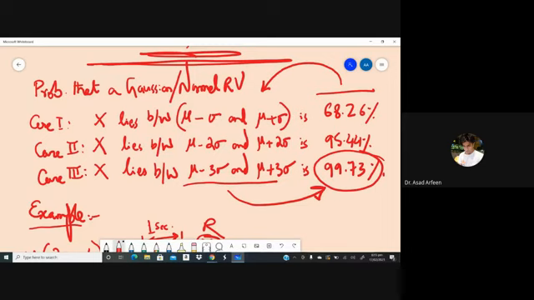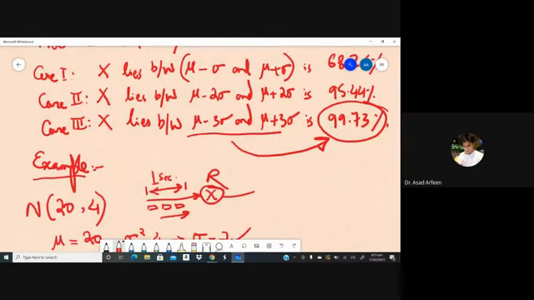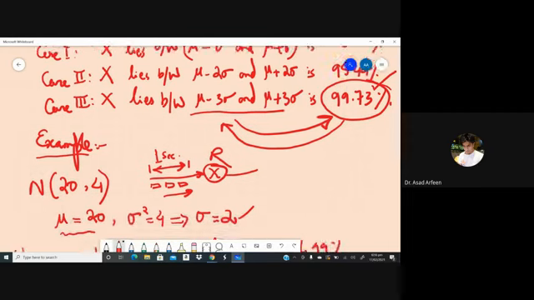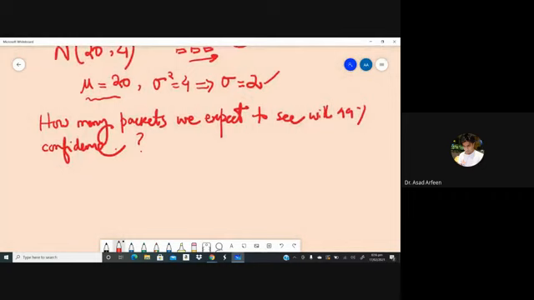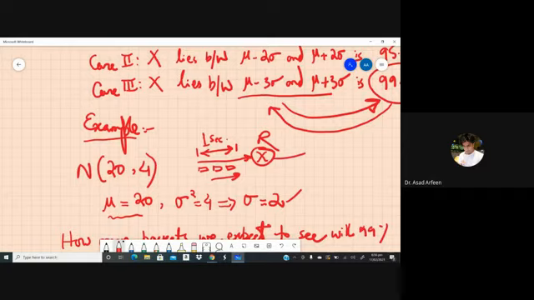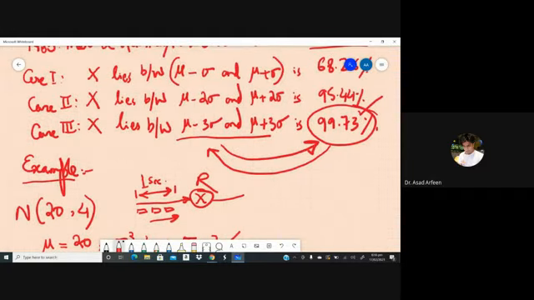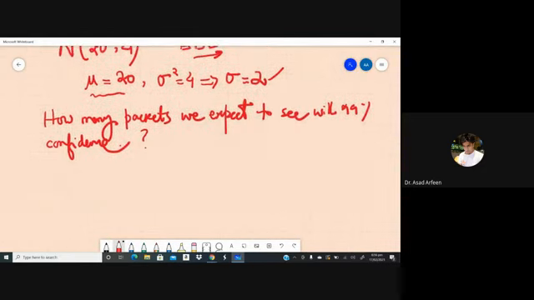If we are given that 99.73% is our confidence, then obviously the values will lie between mu minus 3 sigma and mu plus 3 sigma. So the number of packets we expect to see with 99% confidence, we just reverse track case 3: mu minus 3 sigma and mu plus 3 sigma. So let's do it here.